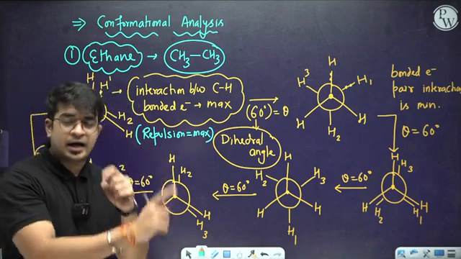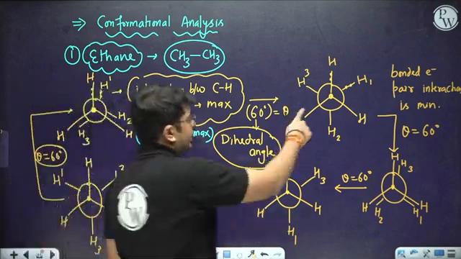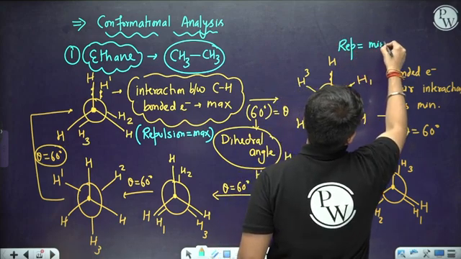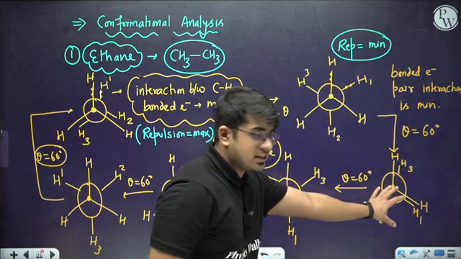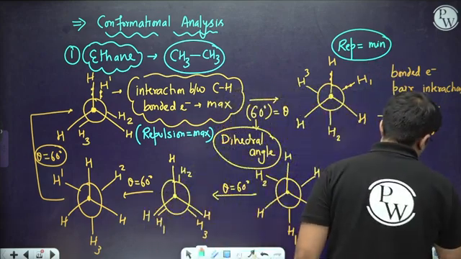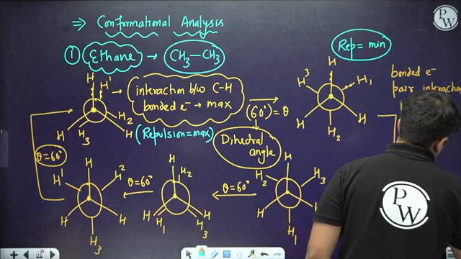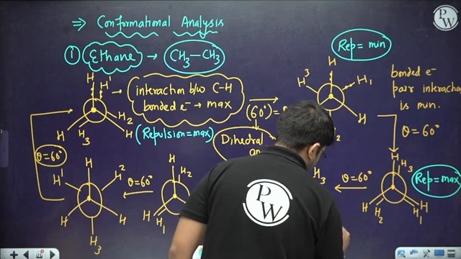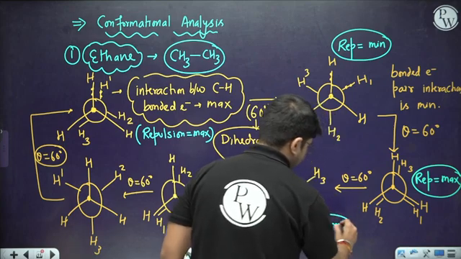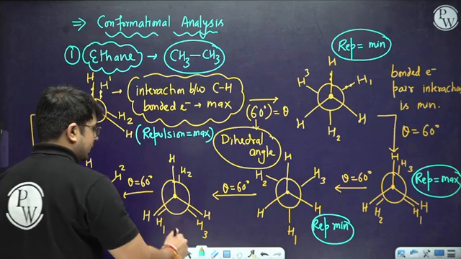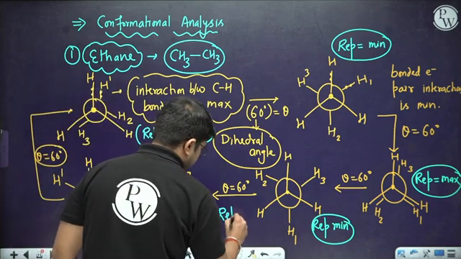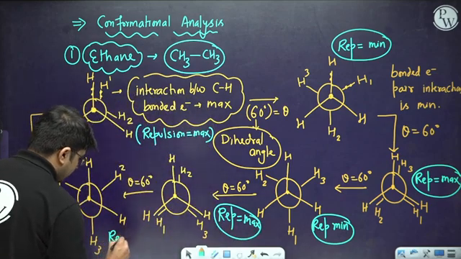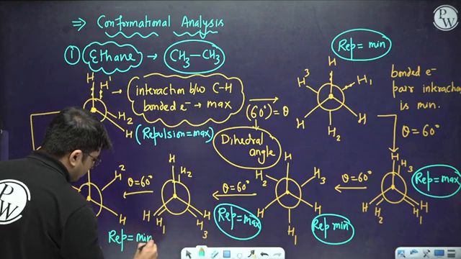The electron pairs are in front of each other. In this case, as they are far apart, the repulsion is going to be minimum. In the next case, again they are in front of each other, repulsion is again maximum. In this case they are far apart, again repulsion is minimum. In this case again they are in front of each other, so repulsion will be maximum here. In this case again repulsion will be minimum.